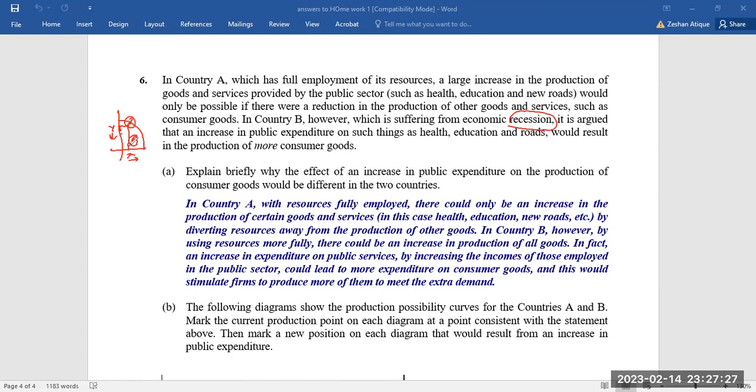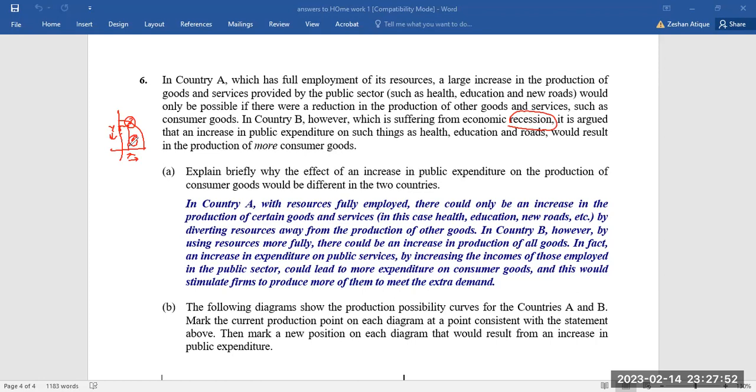So you are talking about country B, which is suffering from economic recession. It is argued that an increase in public expenditure on things like health, education, and roads would result in the production of more goods and services. Here you can produce more of both because you have unemployed or unused resources available.